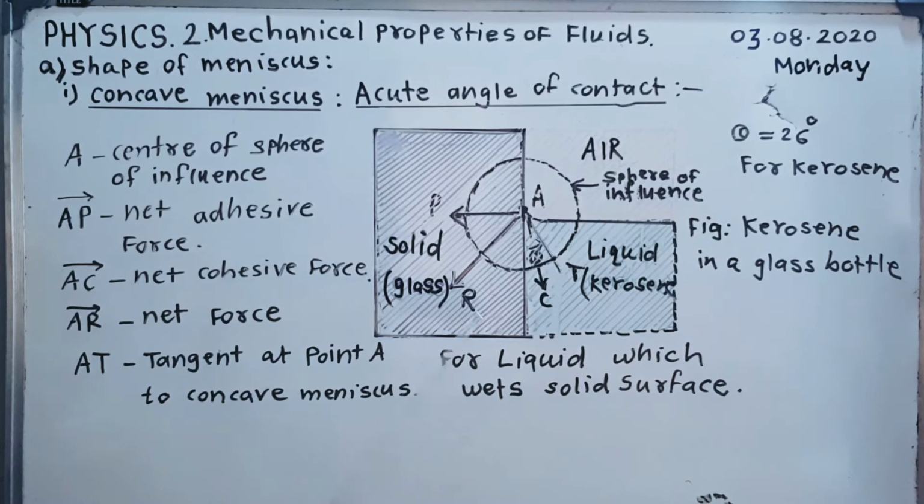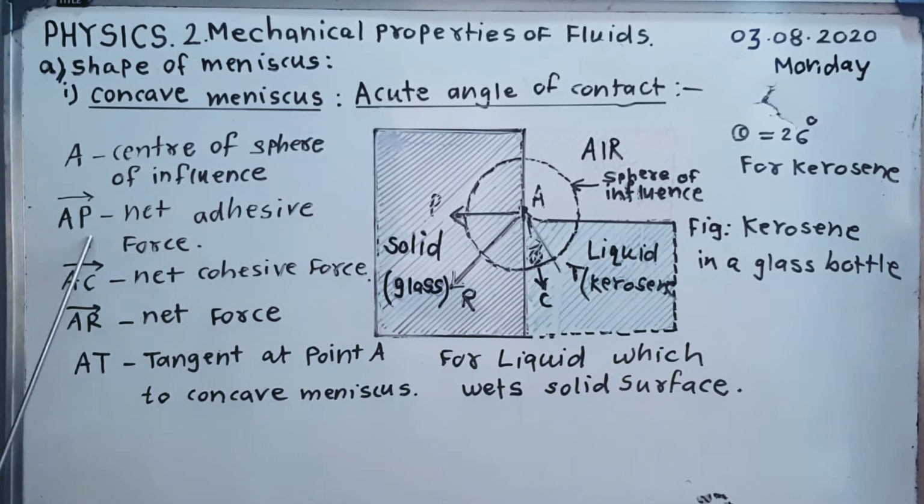Here in this figure I have represented kerosene, a liquid, contained in a glass beaker, which is a solid one, and this medium present above the liquid as shown in the figure. Here A is a point which is the center of the sphere of influence.